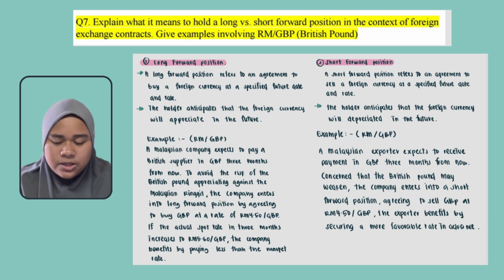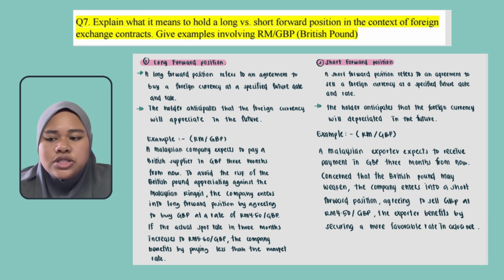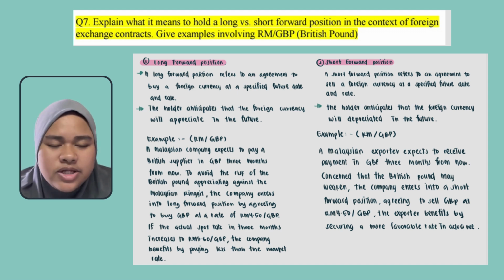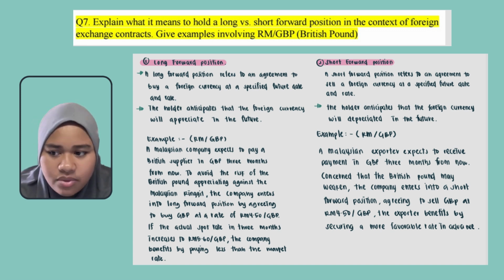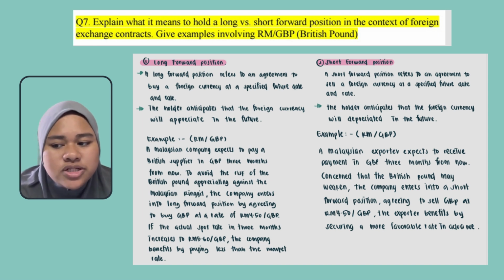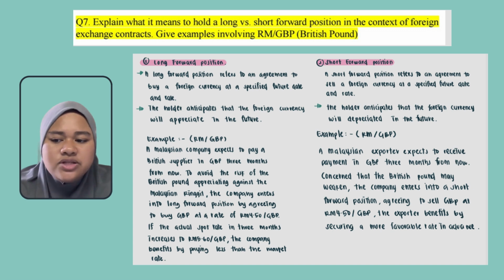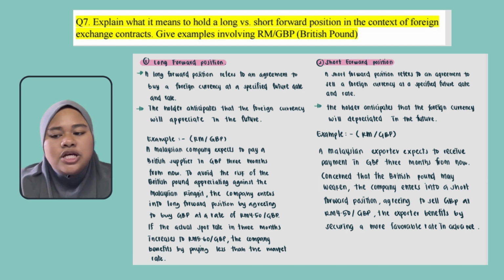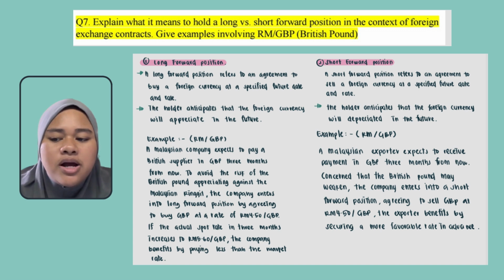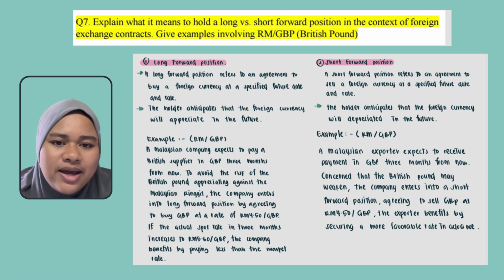For example, a Malaysian exporter expects to receive payment in GBP 3 months from now, concerned that the British pound may weaken. The company enters into a short forward position, agreeing to sell GBP at 4 ringgit 50 cent over GBP. The exporter benefits by securing a more favorable rate in advance.